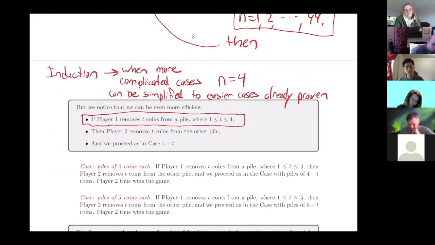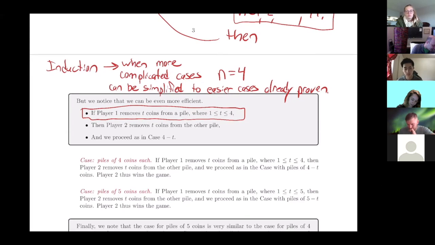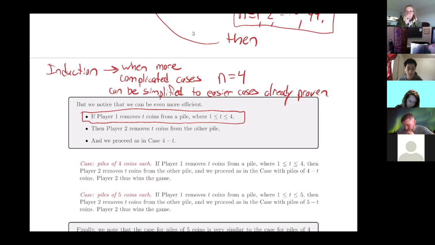Okay, and so just to tie this in, I think now we've got a strategy that's going to work no matter how big n is, right? If n is 5, great. Now the only thing we need to change is this over here. And we say, okay, they take t coins.